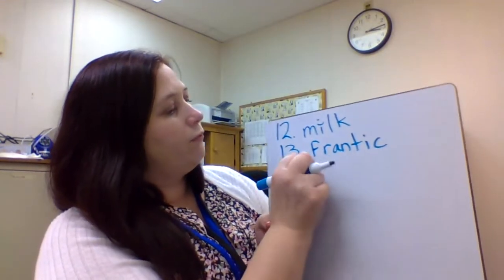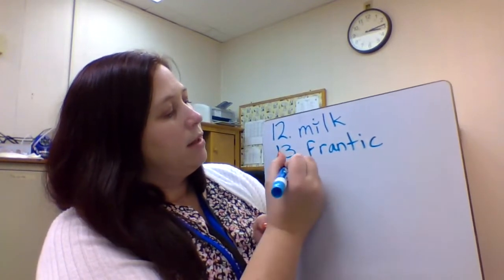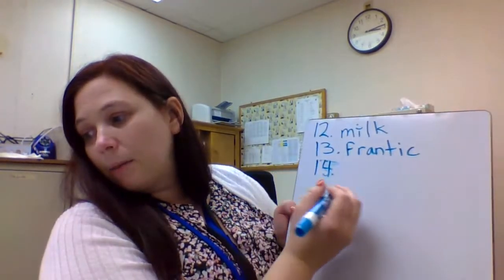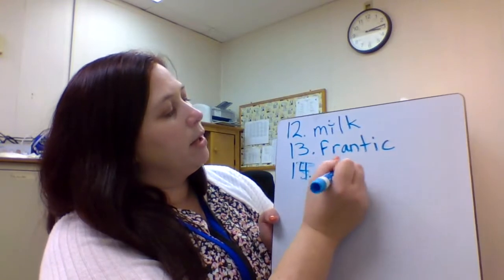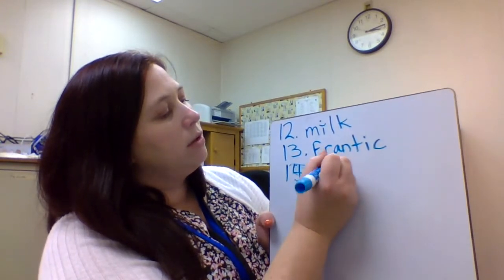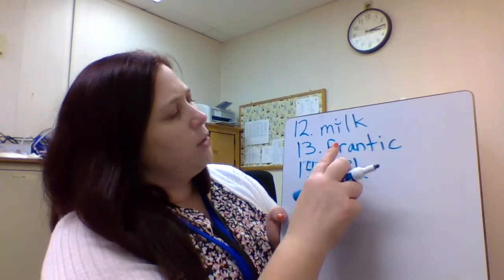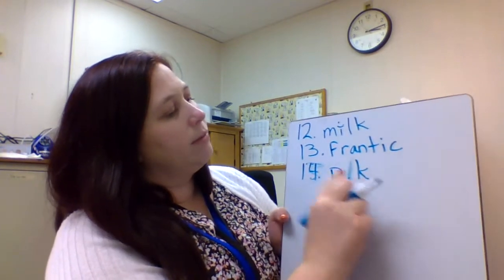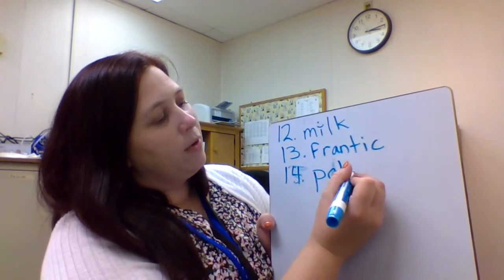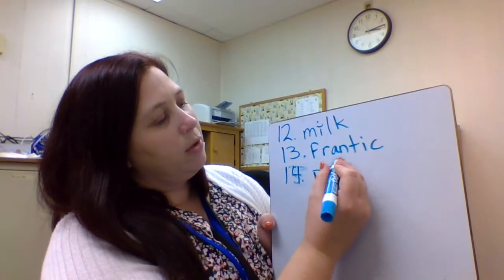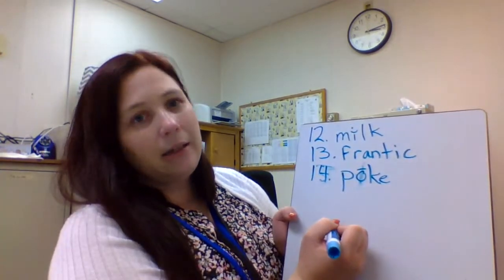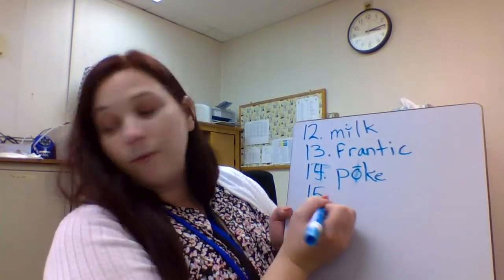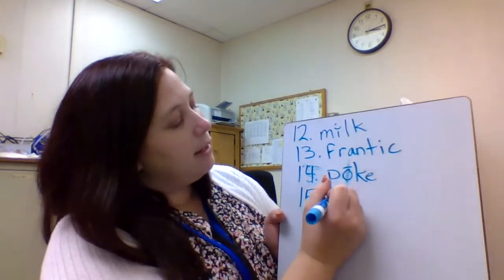Number 14 is poke. Here is where we have the long vowel sound. Here we have the long O sound, so we know that the end is going to be a KE. Number 15, picnic.